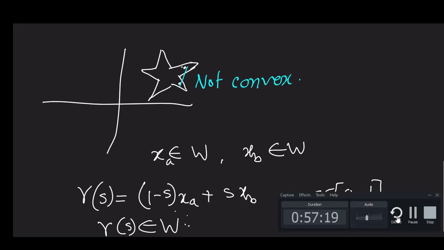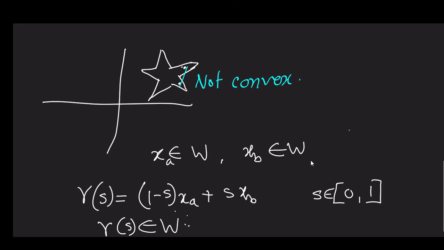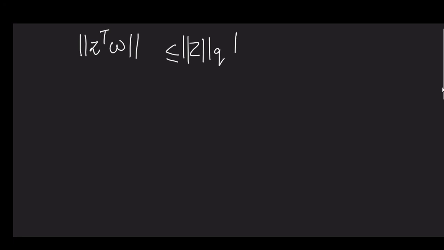Now the remaining proof we will discuss in our next session using Holder's inequality. Holder's inequality states, say we take two vectors z and omega, then the inner product is less than the product of their norms, where 1 by p plus 1 by q is equal to 1.